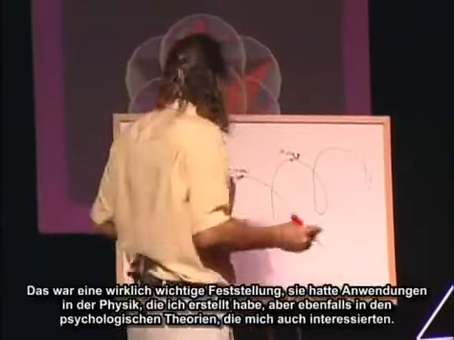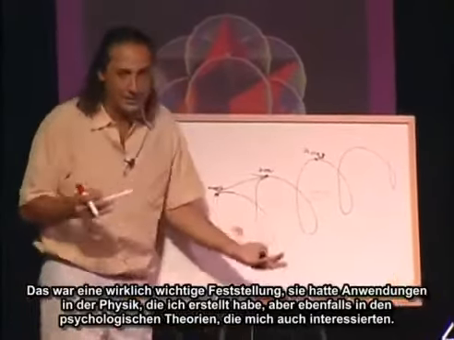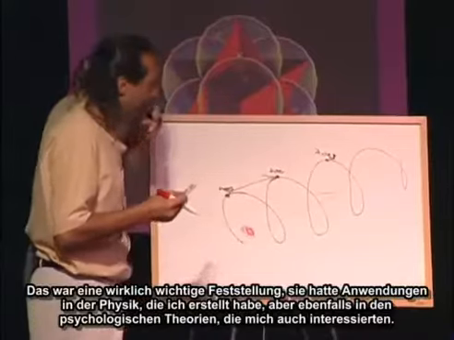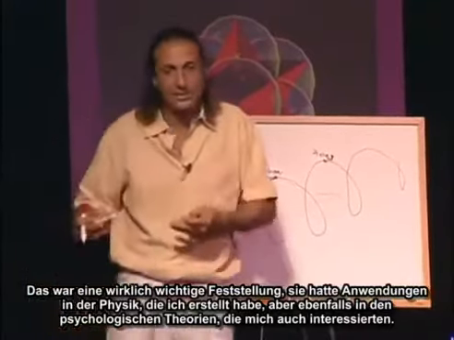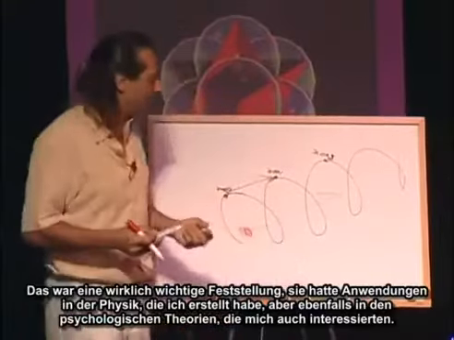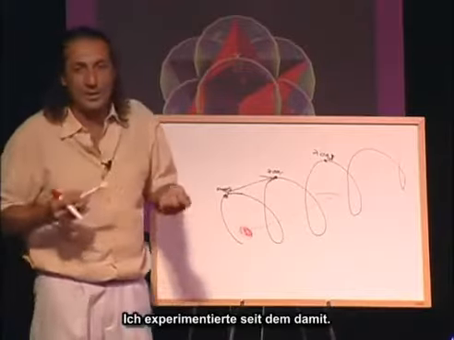So it was really an important realization. It had implications in the physics I was writing, but as well it had implications in psychology theories and stuff that I was interested in, because I've experimented on this since then.